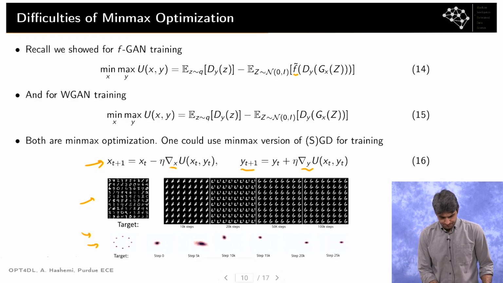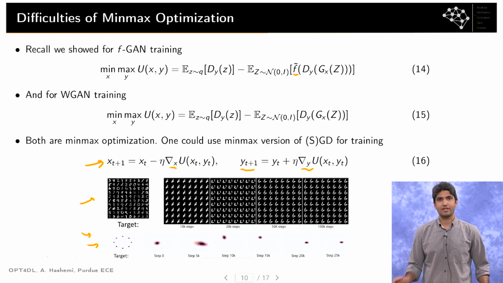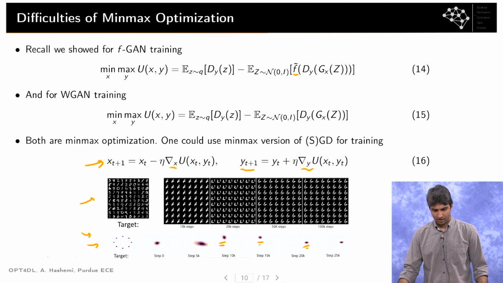In the second example, the target is basically a mixture of Gaussians. Okay. And in this case, what was observed was that as you train the generator and the discriminator, the generator learns one of these components essentially, or learns to sample one of these components. Okay. So at time 10K, let's say it samples from component 1. At time 15K it is going to sample from the second component, then the third component, and so on.